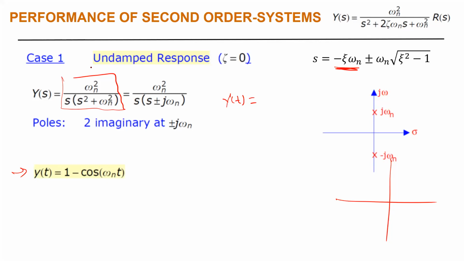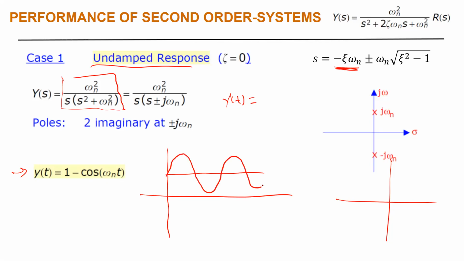That's why it's called undamped. Undamped means, if you think about it, that if this is the step, the response will oscillate around the one. And undamped means that the oscillation is not going away. It will stay with me.